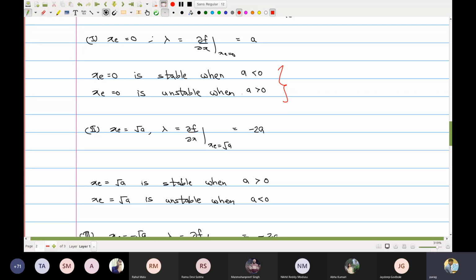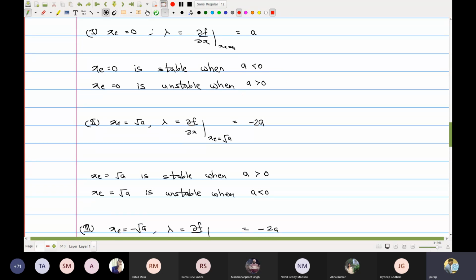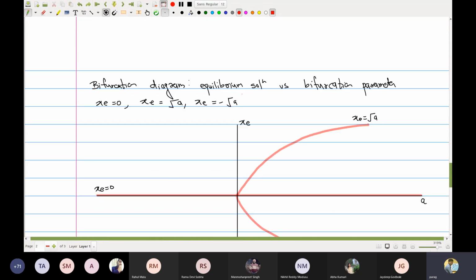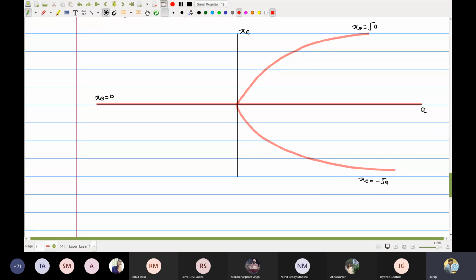Let me draw the arrows. Stable for a less than 0 and unstable for a greater than 0.